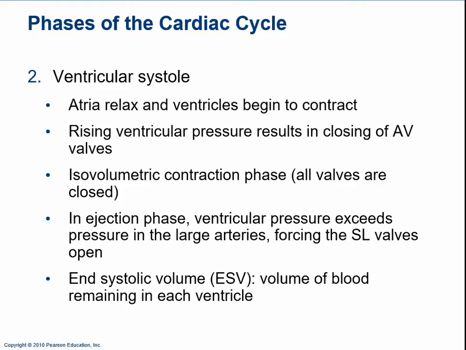So if end diastolic is the end filling volume, end systolic is the end emptying volume. And the amount that left, which is the stroke volume, is the difference between the two. How much you brought in, how much you left in. So how much you brought in minus how much is still there is what left, the stroke volume.